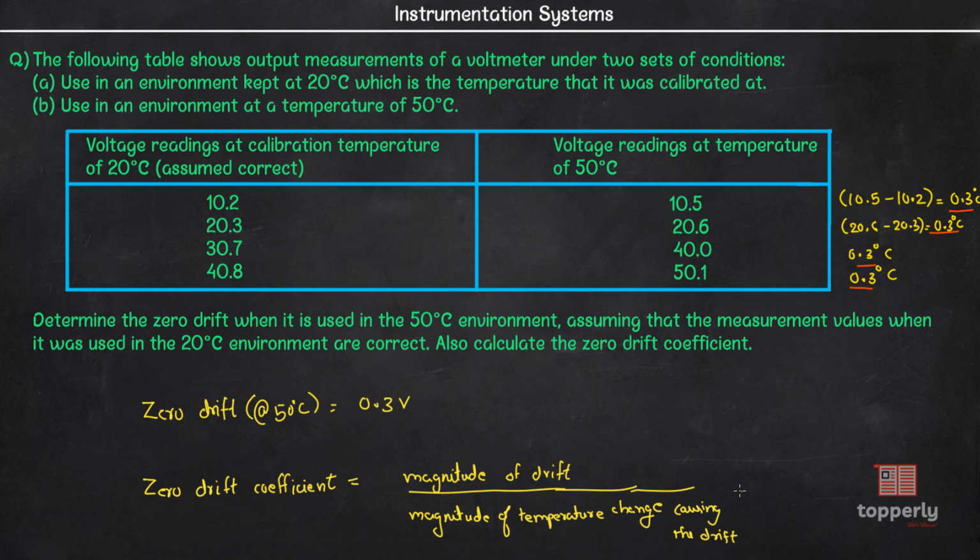Here the magnitude of drift is 0.3 volt and the temperature change is 50 degrees Celsius minus 20 degrees Celsius, which is 0.3 by 30 degrees Celsius, or 0.01 volt per degree Celsius. So this is the zero drift coefficient. Let us see one more question related to the topic.